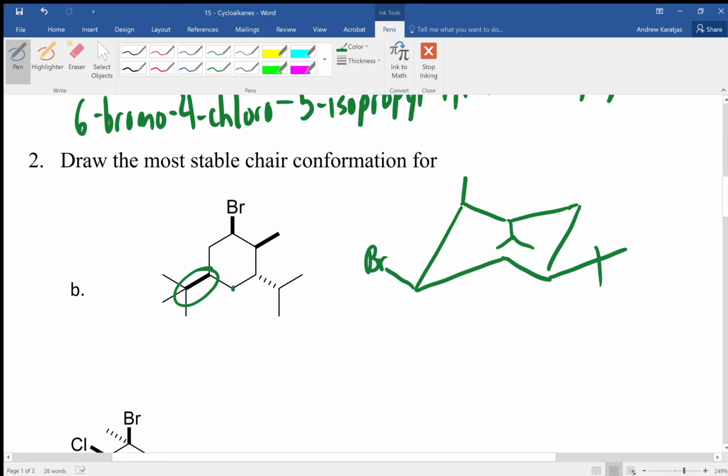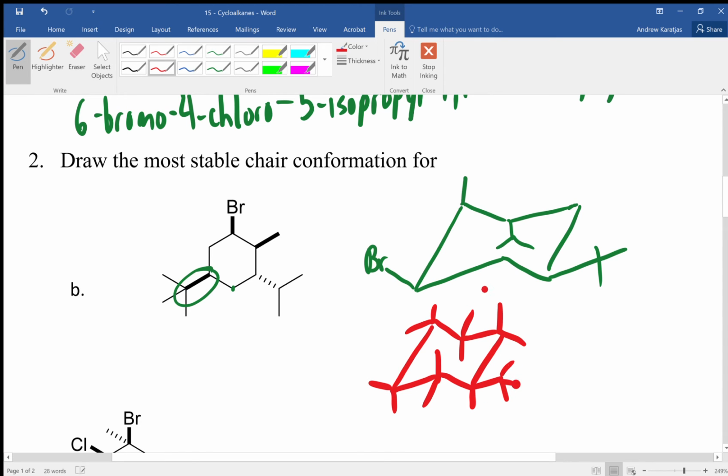Now, one of the most common errors that I see on exams is that students will decide it helps to put all 12 substituents in. And so they'll do that, and then they'll put in the specific groups.